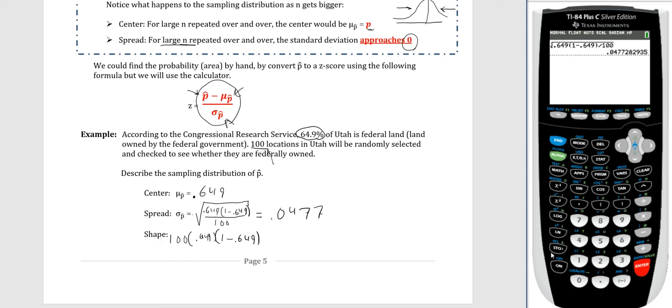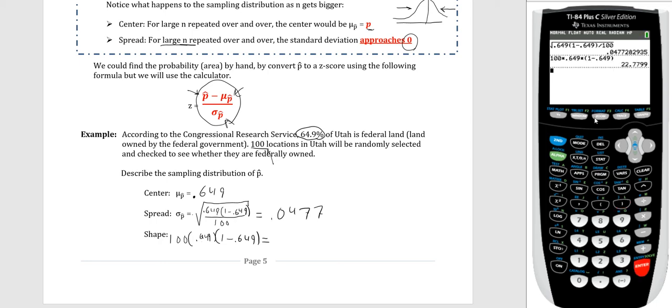We want to confirm that it is greater than or equal to 10. So let's do 100 times 0.649 times 1 minus 0.649. If I plug all that in, what I get is 22.78.